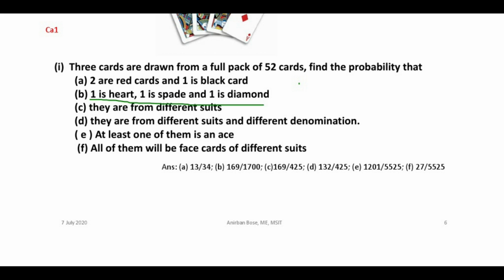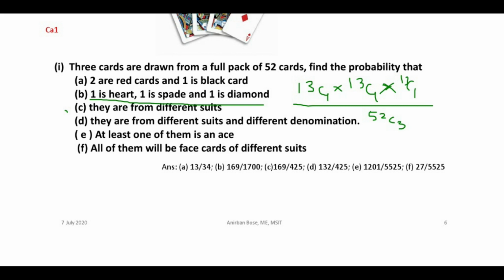There are 13 hearts, so you have to choose 1. There are 13 spades, out of which you have to choose 1. And there are 13 diamonds, so you have to choose 1, 13C1. So this is the favorable outcome divided by the total number of outcomes, that is 52C3.